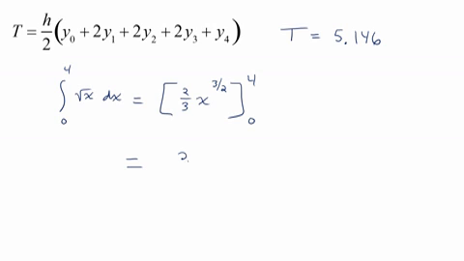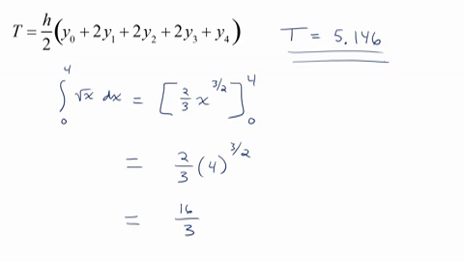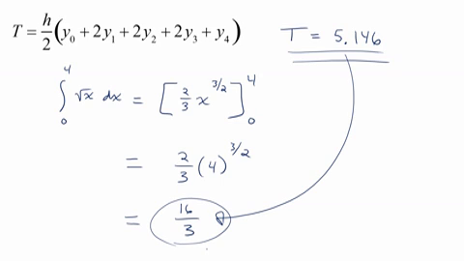So we'll have 2/3 times 4 to the 3 halves minus what we get when we substitute 0 in, but that is just 0. So we're left to evaluate 2/3 times 4 to the 3 halves, and that is 16/3. So as you can see, this value, which is our approximation, is less than, so it underestimates the true definite integral value of 16/3. Let's look at another approximation method called Simpson's Rule.